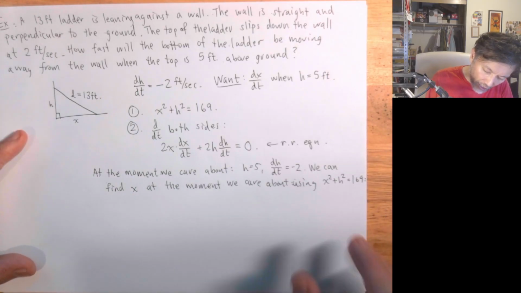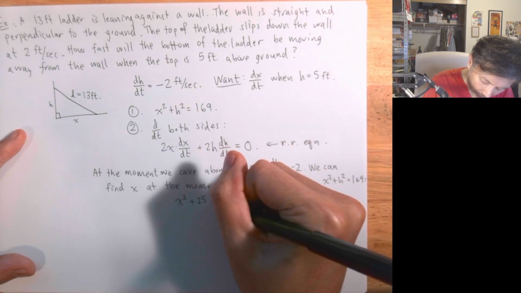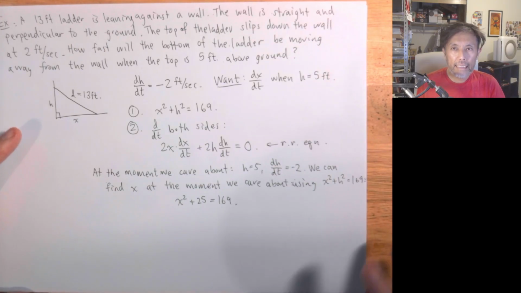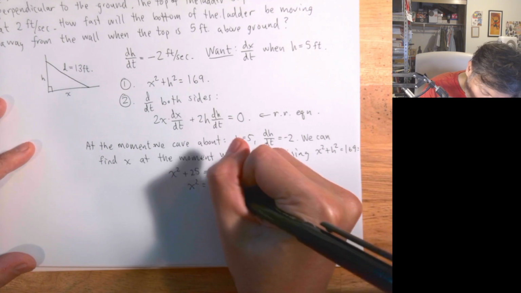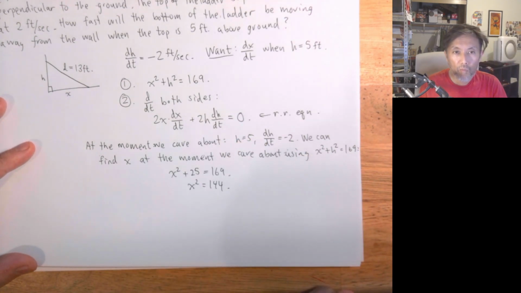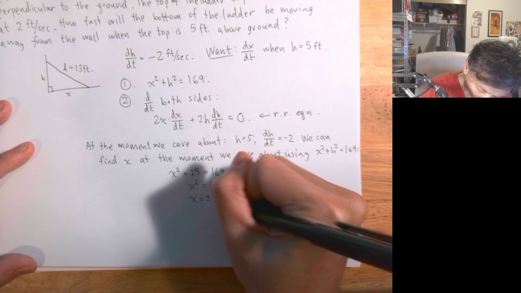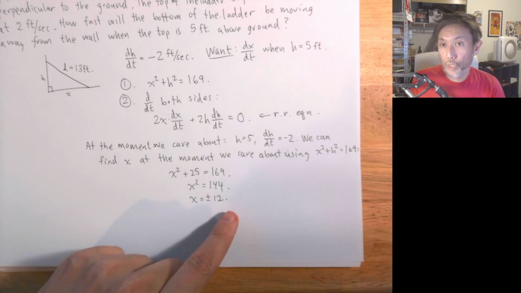So if we plug in h equal to 5, we get that x squared plus 25, that's 5 squared, is equal to 169. Nice. And then we can subtract 25 from both sides. And then we can take the square root of both sides. Now, one of these, obviously, we can ignore.